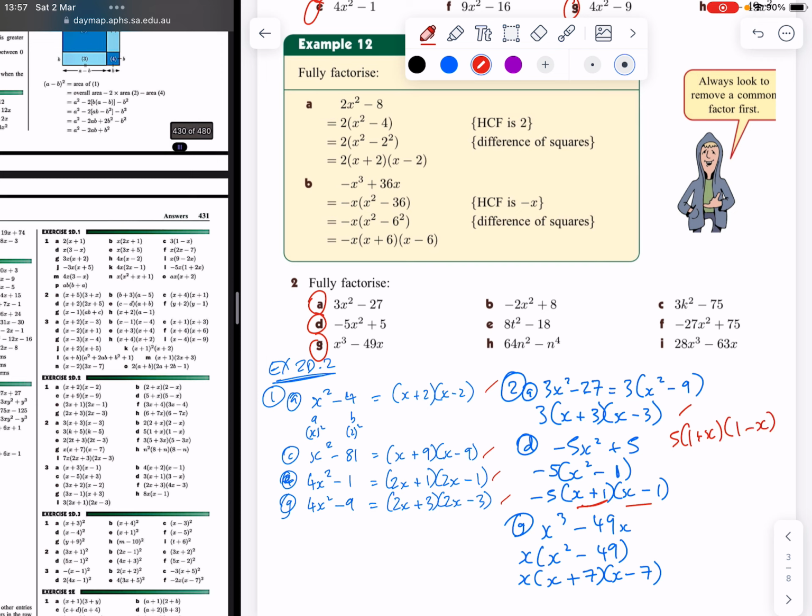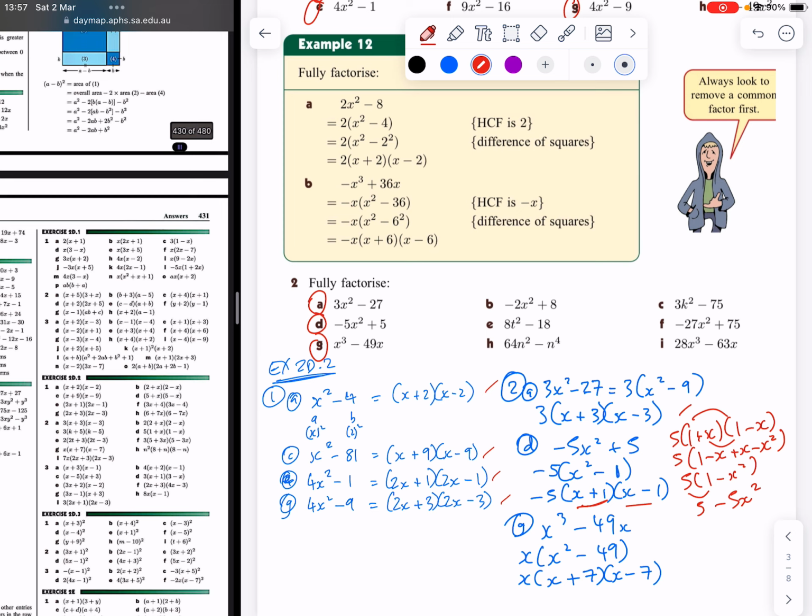Let's leave the 5 there and FOIL. 1 times 1 is 1. 1 times negative x is negative x. X times 1 is positive x. X times negative x is negative x squared. So you've got 5 lots of 1 take x squared, 5 times 1 is 5, negative 5x squared. Okay, so they're right.